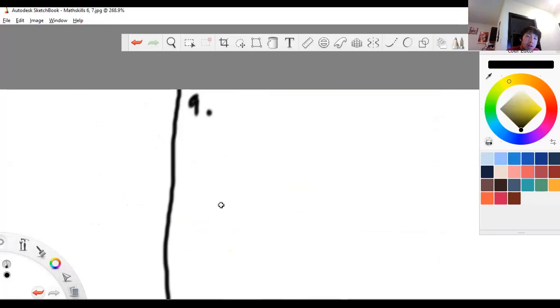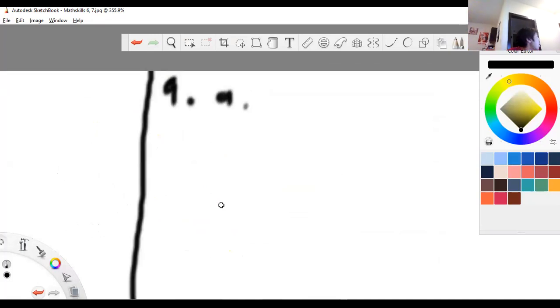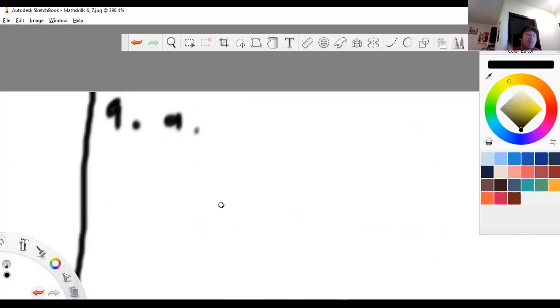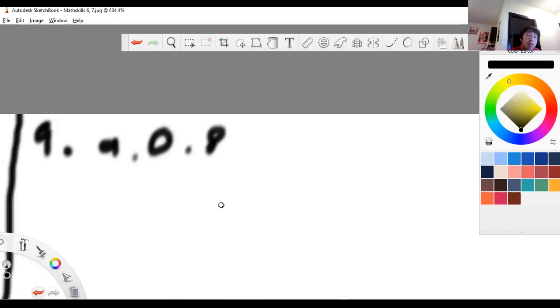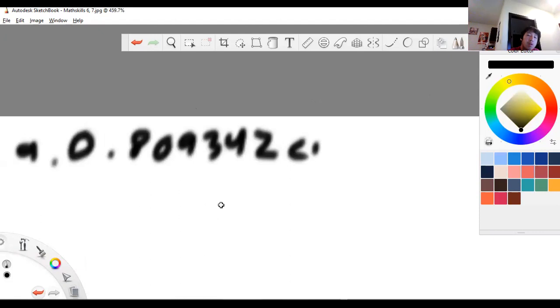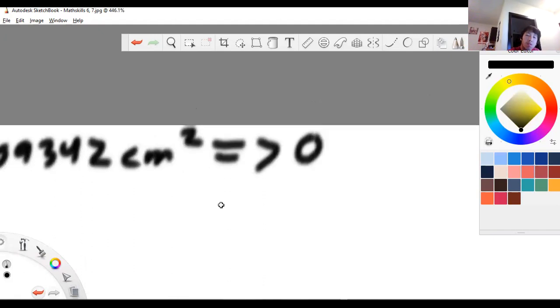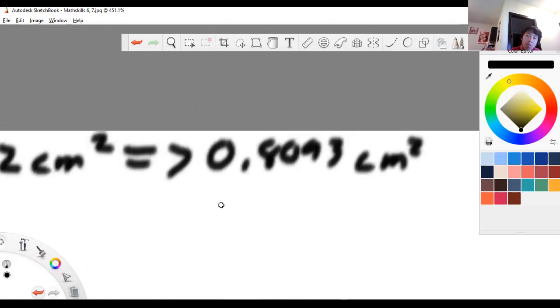So 9A is rounding 0.809342 centimeters squared to 4 significant digits. So this is going to be 0.8093 centimeters squared.